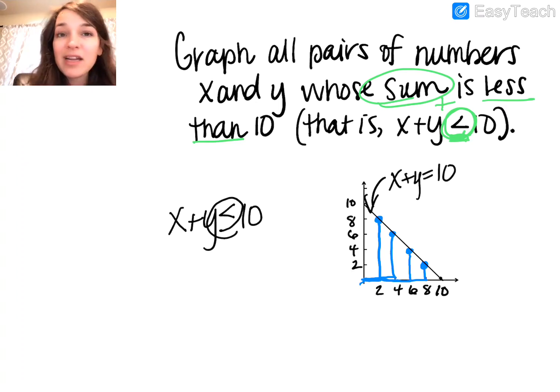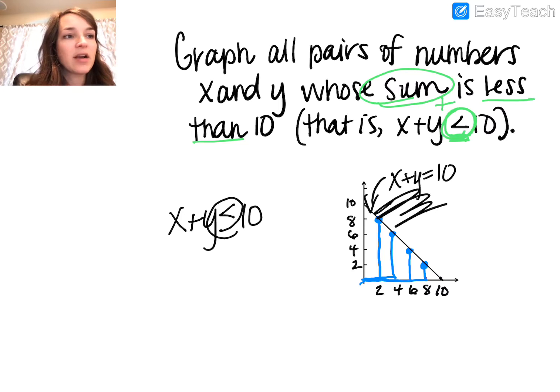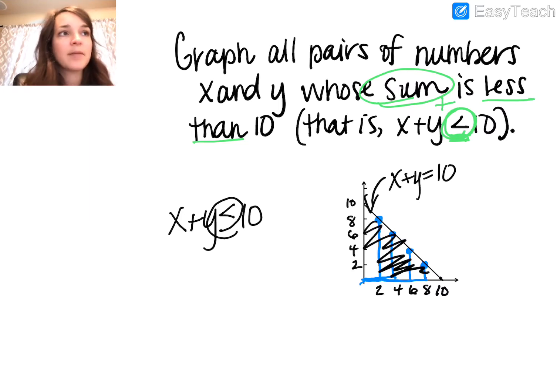But we're not given an equation here. We're given an inequality. And an inequality tells us that we need to shade one of these two sides of that line. Either we shade up here on top, or we shade down here on the bottom. So now our goal is to figure out which one of those is correct.